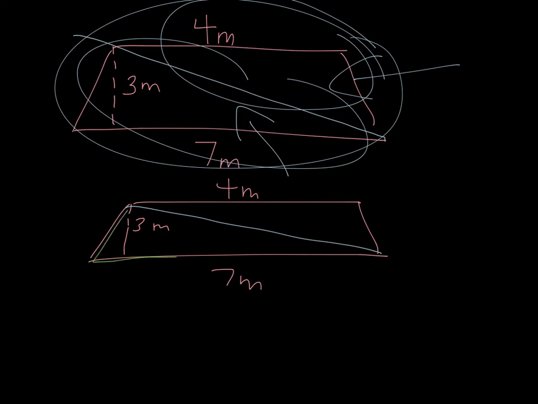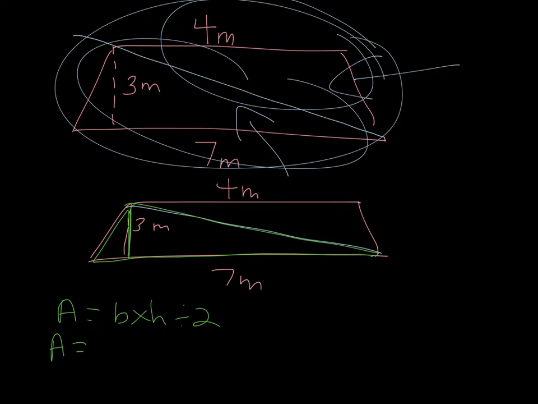Okay, so let's find the area of this triangle first, right? So this is the height, 3, and the base of this triangle, because again, the height and the base run at a 90-degree angle. So area equals base times height divided by 2. That's our formula for a triangle.